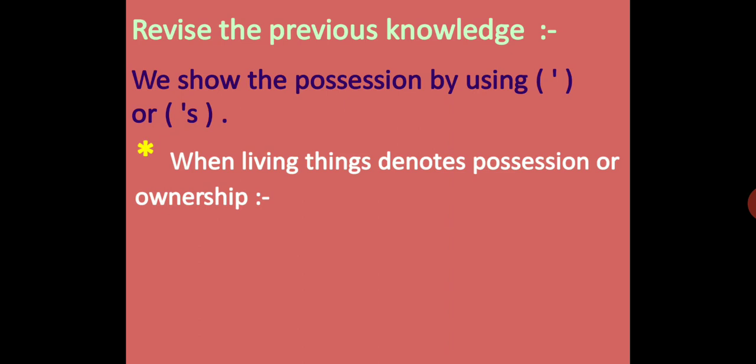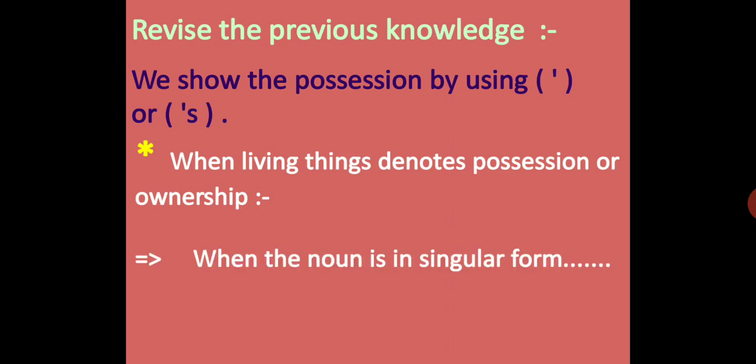When a living thing denotes possession or ownership, there are two possibilities. The first possibility is when the noun is in a singular form.